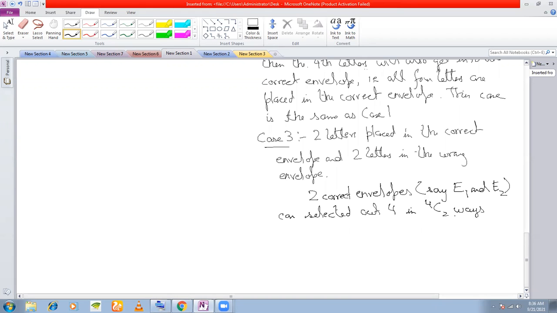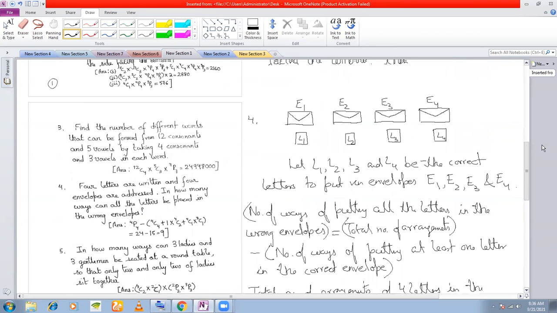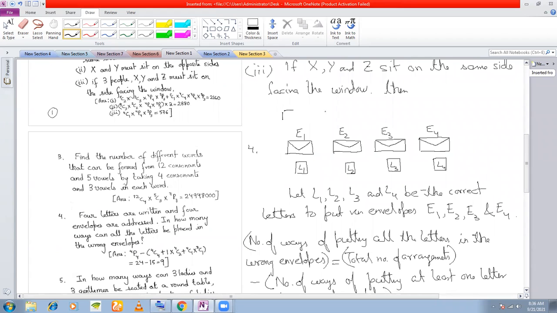Now two are in wrong envelopes, so what are the letters left? I have already put two in 4C2 ways, either E1 E2 or E2 E3 or E3 E4 or E1 E4. Let us consider E1 E2 for reasoning's sake. So two letters are left, L3 and L4, with E3 and E4. In how many ways can they be put in the wrong envelopes? You can put L3 in E4 and L4 in E3.